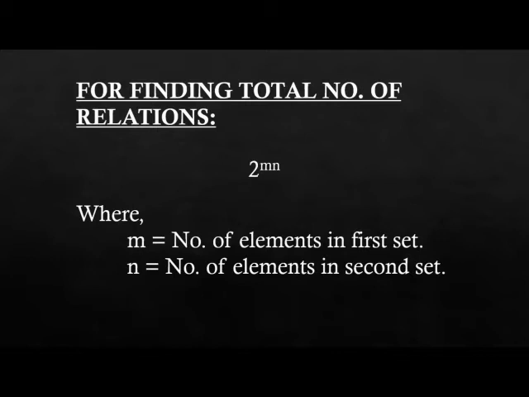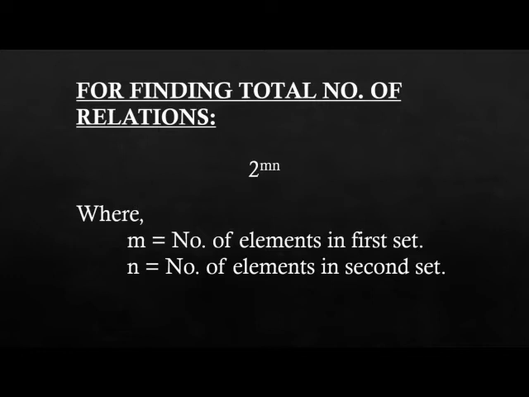If you find mn, remember I told you before that mn is the formula to find how many elements are going to be there in the Cartesian product. First I told you that if set A has 5 elements and set B has 3 elements, we can multiply them together to find the number of elements in the Cartesian product.